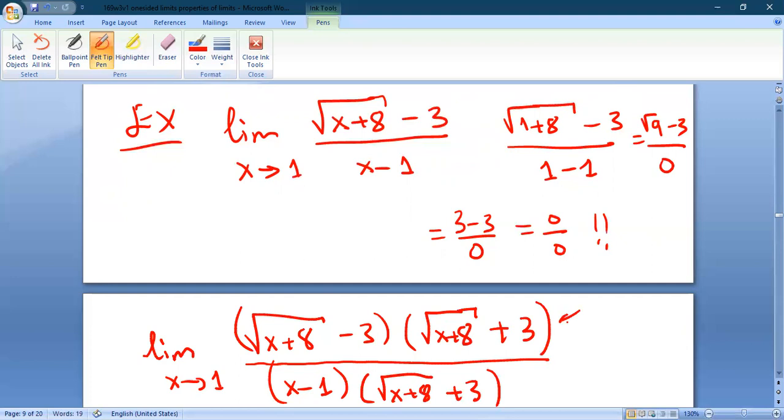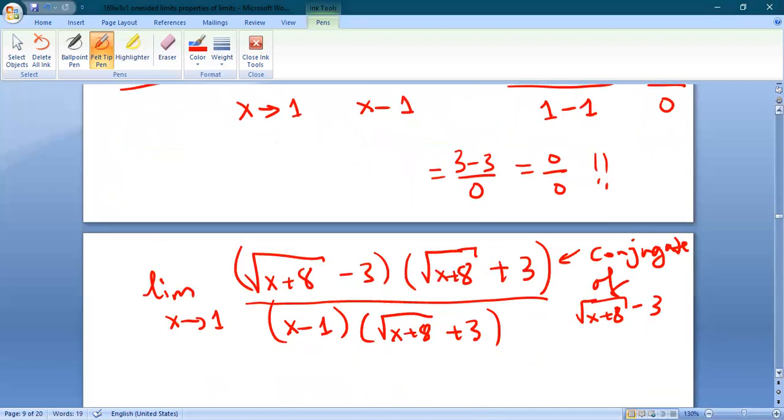So this is called the conjugate of square root of x plus 8 minus 3. So square root of x plus 8 minus 3 and square root of x plus 8 plus 3 are conjugates of each other.